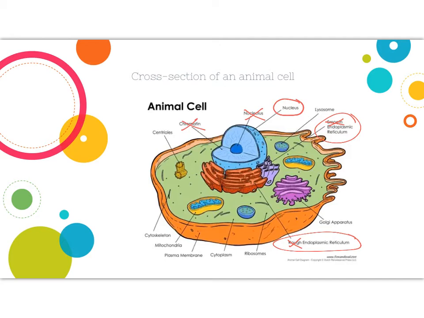We will talk about the Golgi. No need to look at ribosomes. We'll look at the cytoplasm, and we'll look at the cell membrane again, not the plasma membrane. We call it the cell membrane here. Mitochondria, we don't talk about these little cytoskeletons. We don't talk about centrioles, and we don't talk about lysosomes.